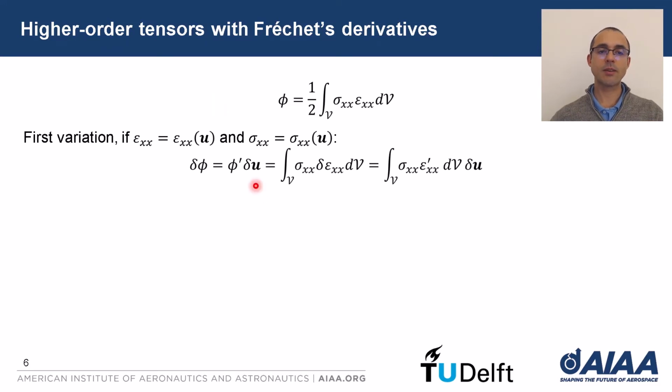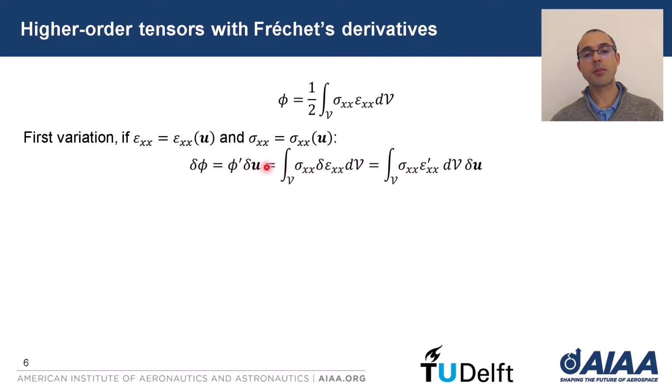When we calculate the first variation, that could be, for example, with the purpose of obtaining the stationary point of this energy functional, usually we use just the variation of phi, and Fréchet proposed that we can calculate a variation of phi multiplying the variation of the independent variables. In this case, they are the displacement field variables.